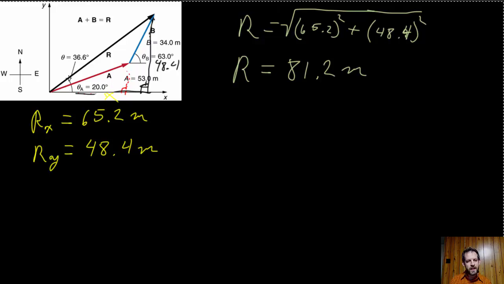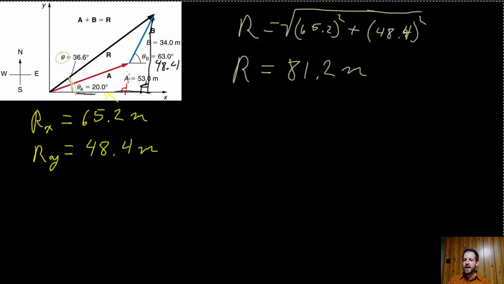So if we look at this angle that they're labeling as theta, this one right here, if we look at this r sub y and this r sub x right here, then they are the opposite and the adjacent to it. So if we're talking about trig ratios, we're talking about tangent. Now, if we have the sides and we're looking for the angle, we use the inverse function.